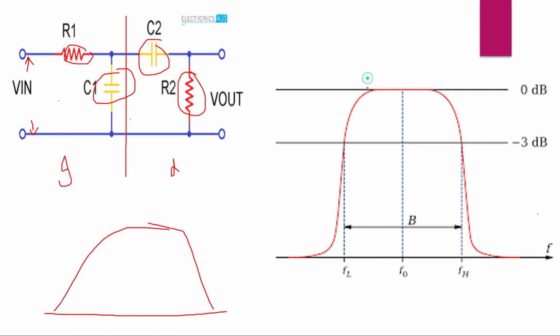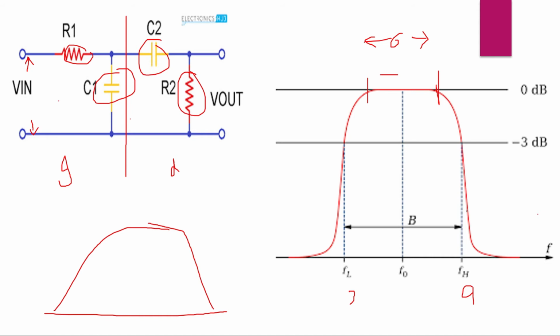Consider this is my FL point and this is my FH point. Say this is my 3 kilohertz frequency and this is my 9 kilohertz frequency. Within the range of 6 kilohertz, that is 3 to 9 kilohertz, signals have to be allowed, but the remaining signals cannot be allowed through. In this way, it is called a band pass filter.